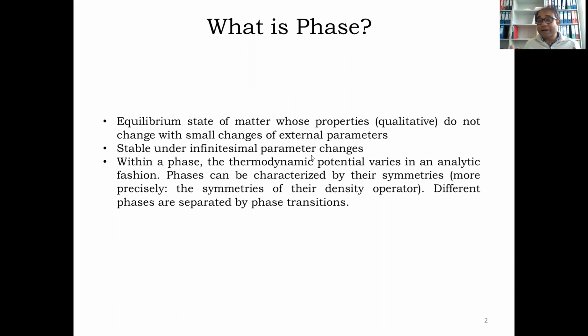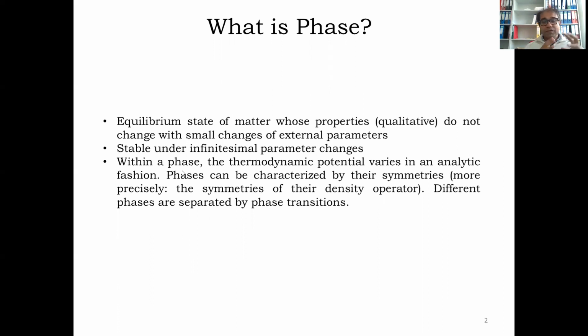As an example, you can change the pressure or the temperature. Third, within a phase, the thermodynamic potential varies in an analytical fashion. So it will not show very dramatic or drastic changes.